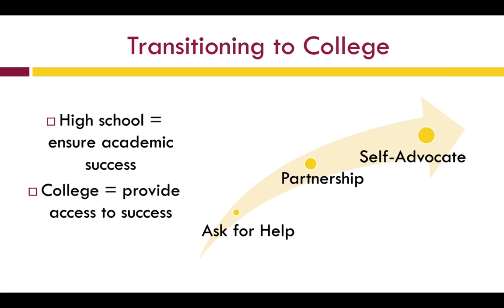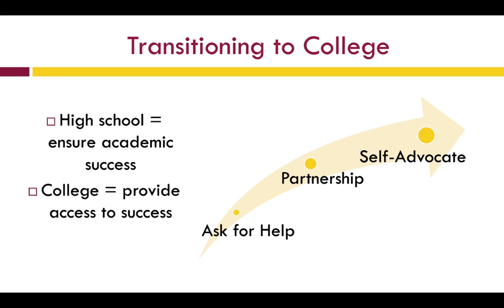As students transition from high school to college, the nature of their accommodations change. In high school, the purpose of accommodations is to ensure that students achieve academic success. In college, this focus shifts to ensuring that students have equitable access to their coursework and academic environment, which then allows them to achieve success on their own.